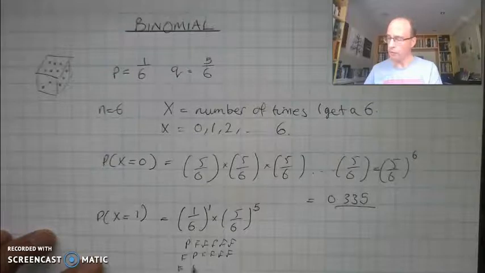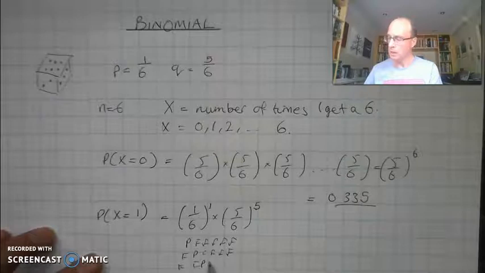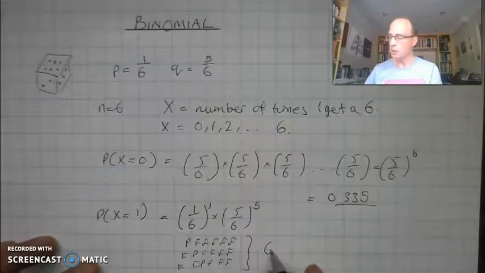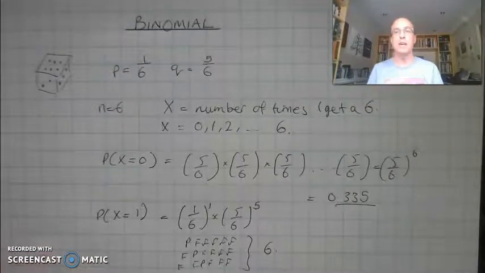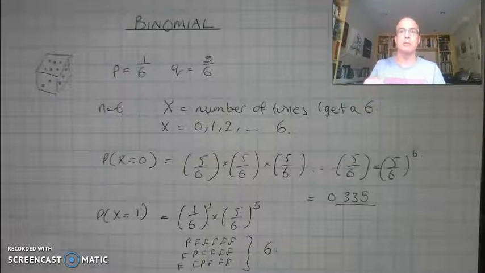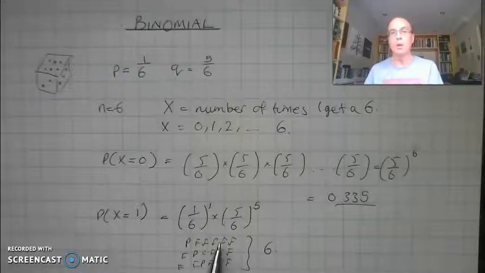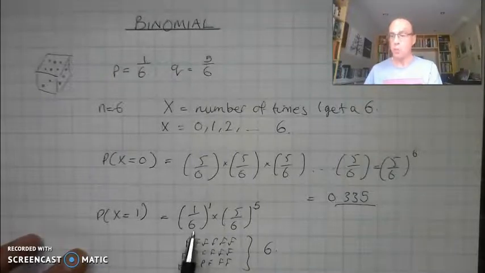Or I could have failed for the first 2, then passed, then failed for the next 3. So I look at those possible combinations. I've actually got 6 possible combinations, and they're the different rolls. I could have been successful on the first roll, second, third, fourth, fifth, and 6th. There are 6 possible combinations, and they're all equally likely to occur with this probability.